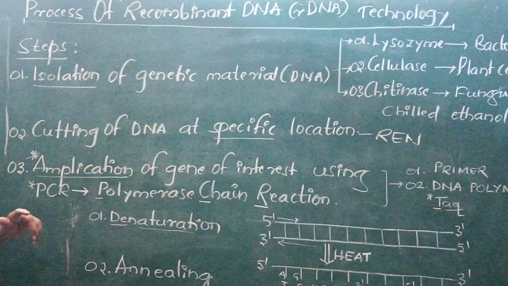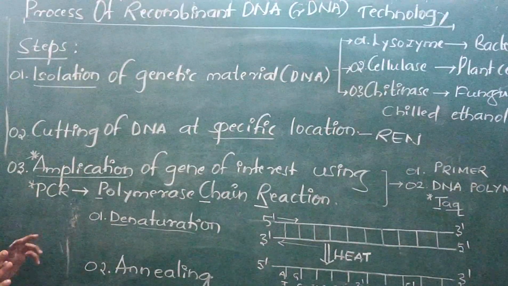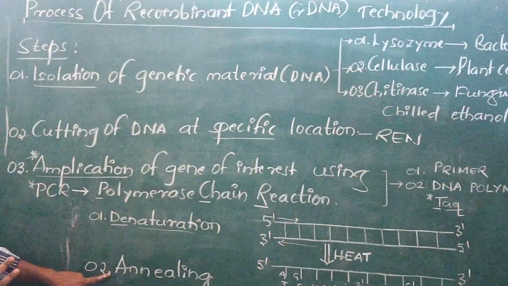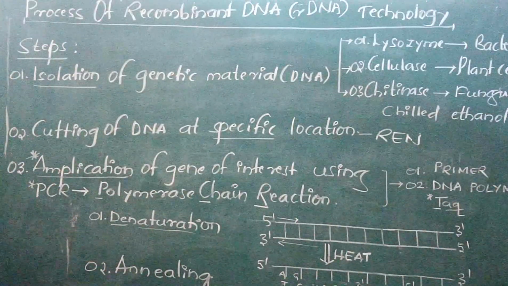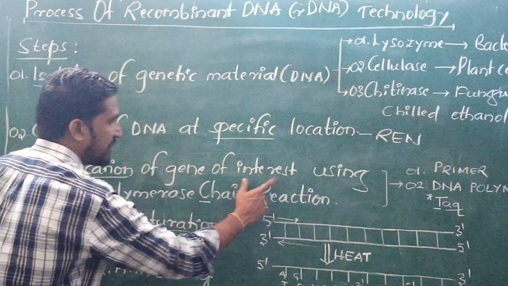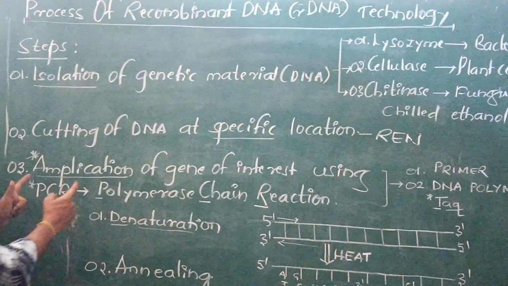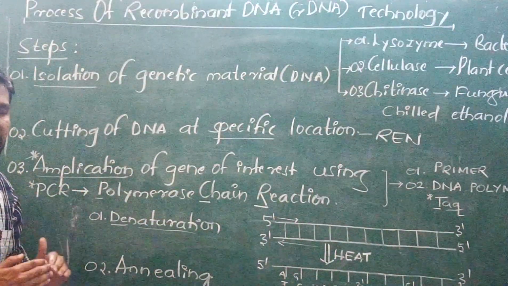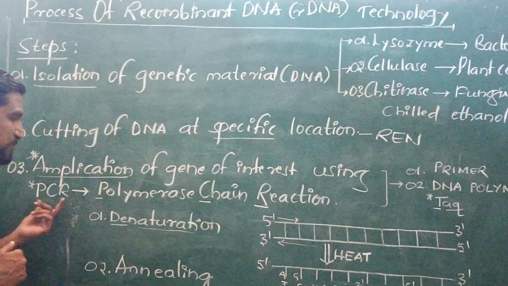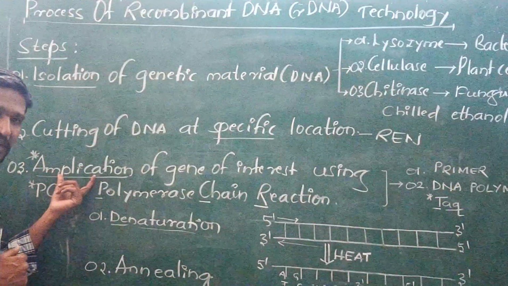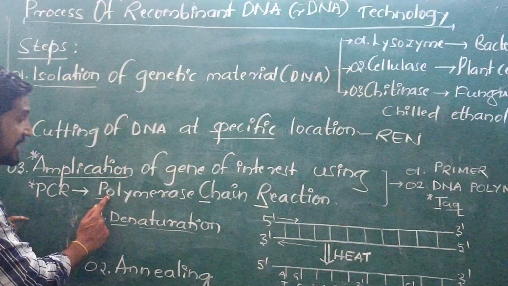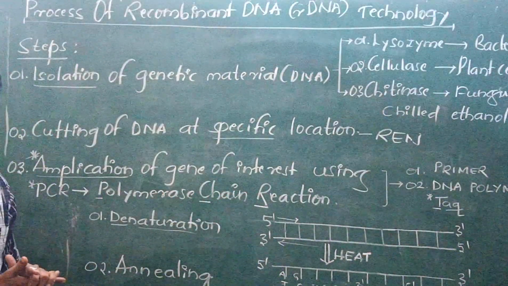That takes place in three sequential steps. The first step is denaturation, second is annealing, third is extension. Once again, the third step is amplification of the gene of interest using PCR. PCR stands for polymerase chain reaction.